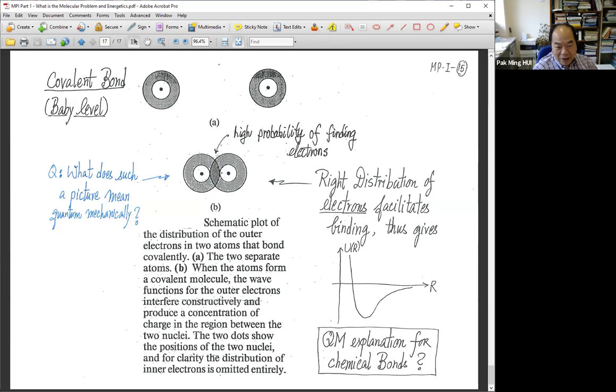In a way, the electron helps attract the two atoms together, okay? Again, you see the preferred separation, so we are expecting something like that, okay? Now, our quantum mechanics question is as follows. How does such a picture of electron distribution come out from quantum mechanics? Second, how will such a curve come out from quantum mechanics after we solve the Schrodinger equation? Okay, so that is the idea.